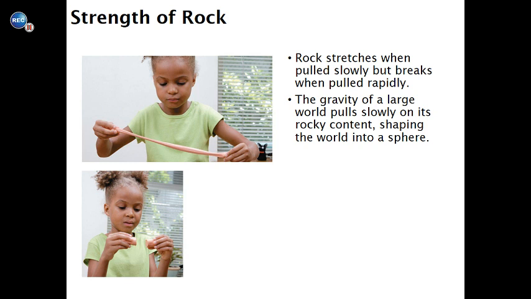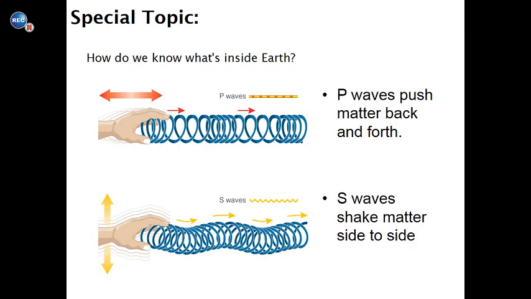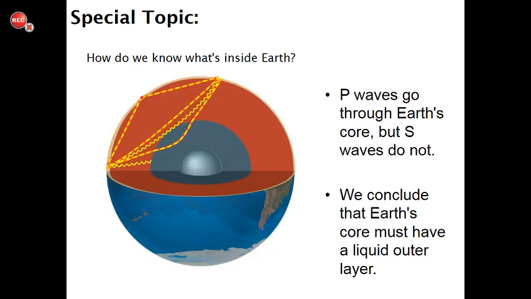But for a large object like a planet, it's going to slowly pull all the material into a spherical shape. Right? So, how do we actually know that there's liquids and solids inside the Earth's crust? Well, the two types of waves that we've seen don't propagate the same.